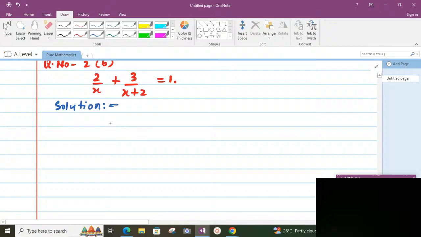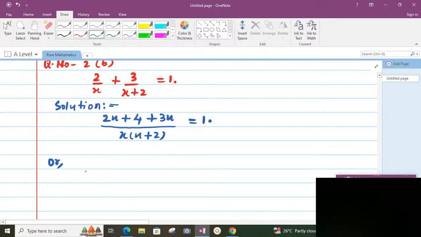Here LCM will be x plus 2. X plus 2 multiplied by 2, then we get here, sorry, 2x plus 4, and 3 multiplied by x, then we get plus 3x equal to 1.